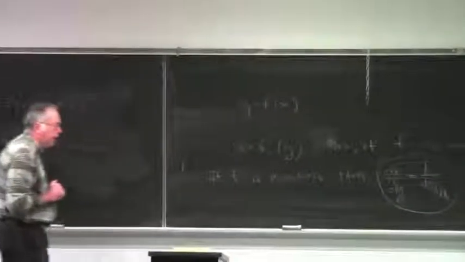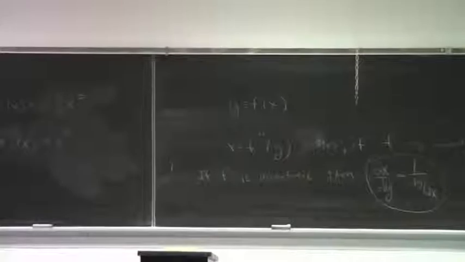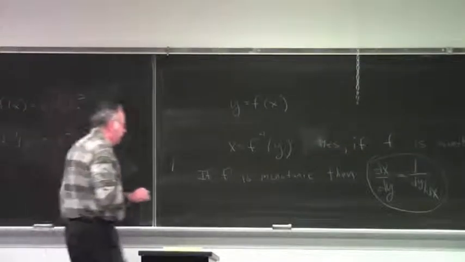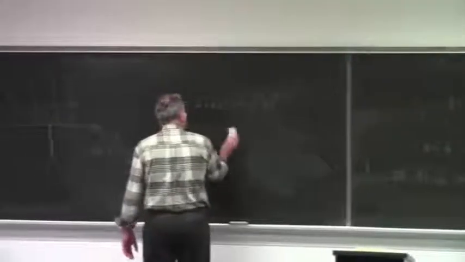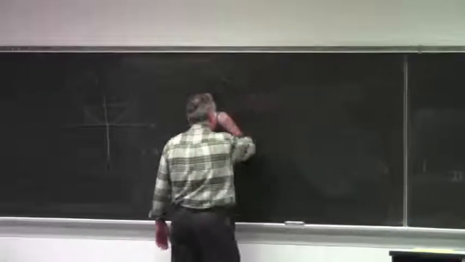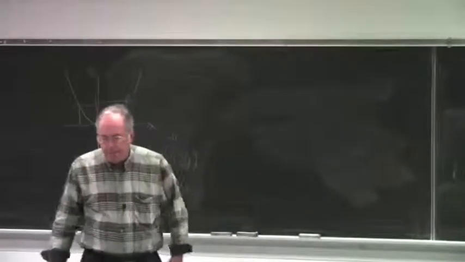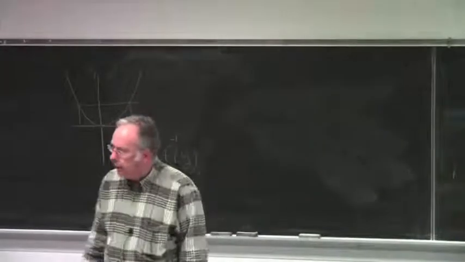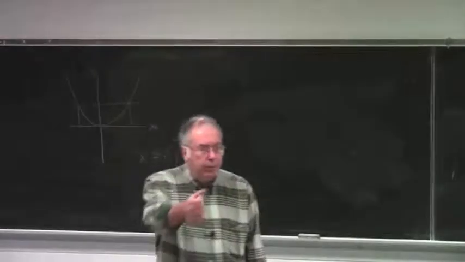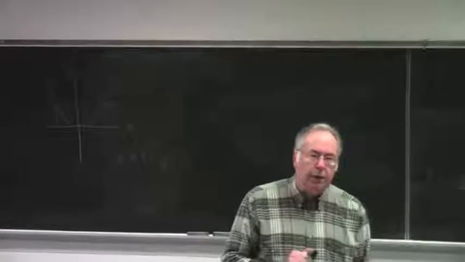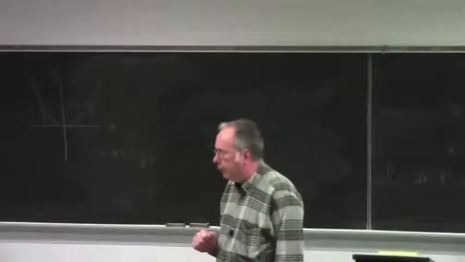You can't have dy/dx ever being 0, because then dx/dy wouldn't be defined there. Right. So basically what you're saying is right, although there's this little complication. When x is 0, you don't want the derivative to be 0.